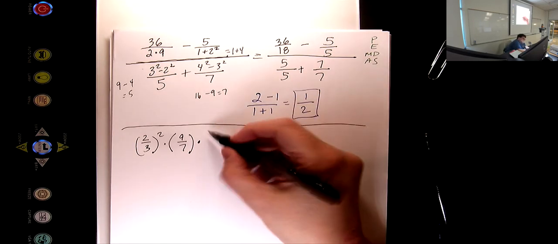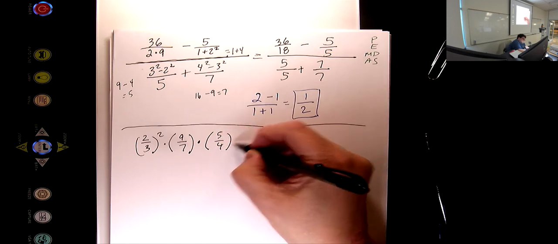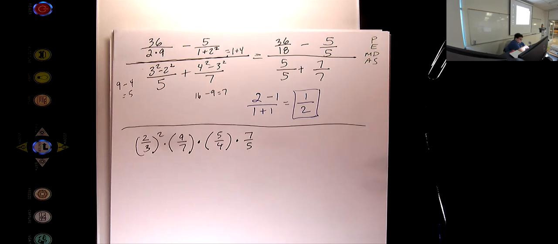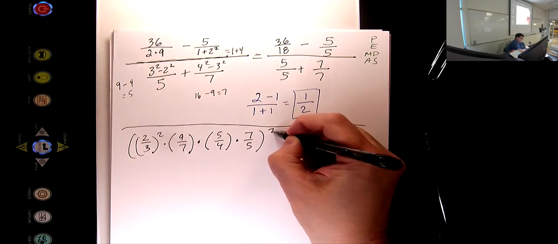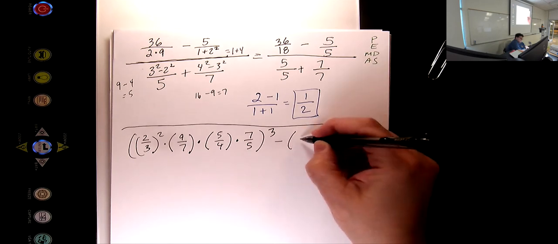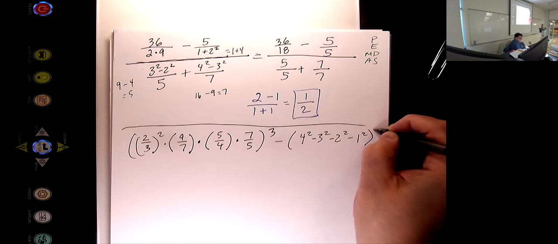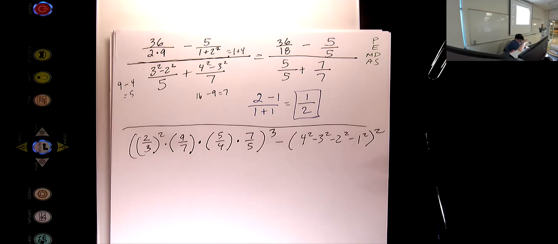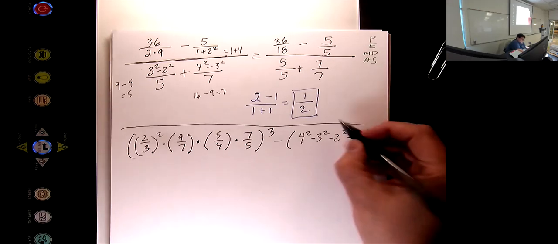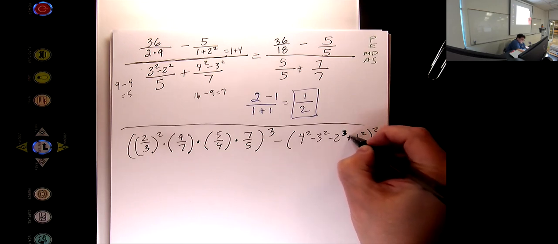Let's see. Let's make it better. Let's do minus 2 cubed and let's say plus 1 squared.